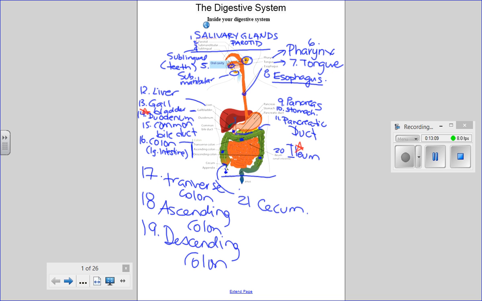It looks like a single little grape is hanging off the bottom of it. But your appendix is actually a very small, tiny little organ that's attached right there. So we'll talk about your appendix a bit later on. It doesn't actually have a digestive function, so it's not one that we're going to focus on in a lot of detail. But so you know, that's where it is. And those are all of the pieces that are numbered on your diagram.